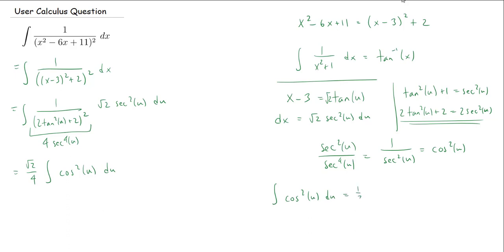So this is going to be 1/2 u plus sine of u cosine of u. Okay, so I now have root 2 over 4. But there's now going to be a half, so actually I can make this over 8. So there's a root 2 over 8, and I have u plus sine of u cosine of u.